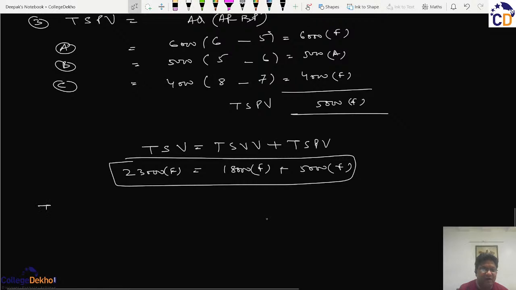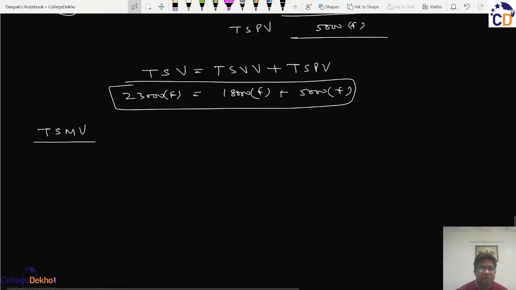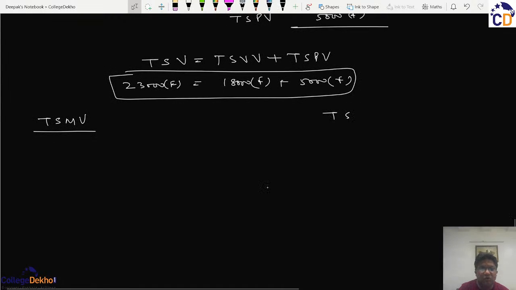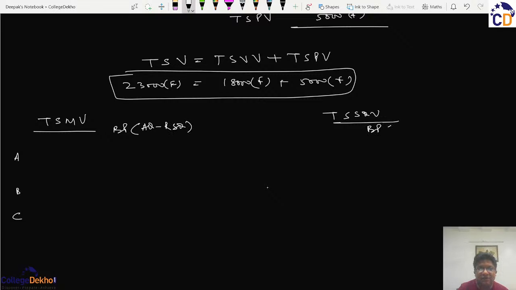Now, if we arrive at the total sales mix variance and the total sales sub quantity variance, in both the cases we will have to calculate separately, and you have to multiply the budgeted price with the difference of AQ minus RSQ, and the difference of RSQ minus BQ. But this order is not important.